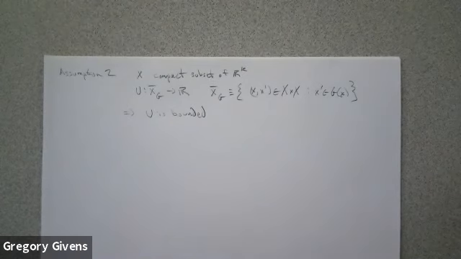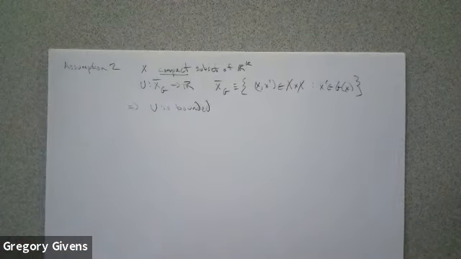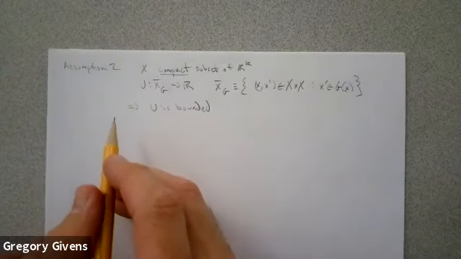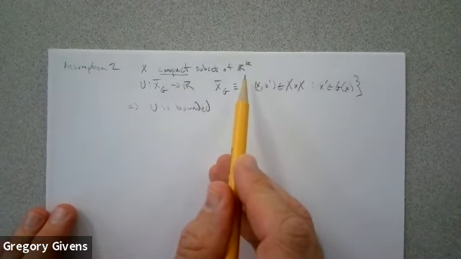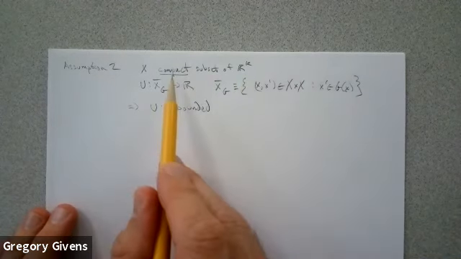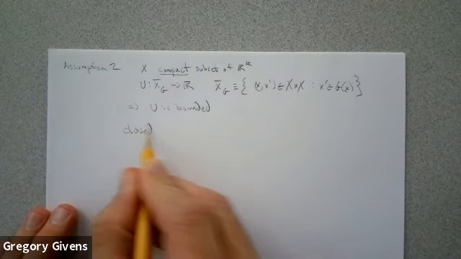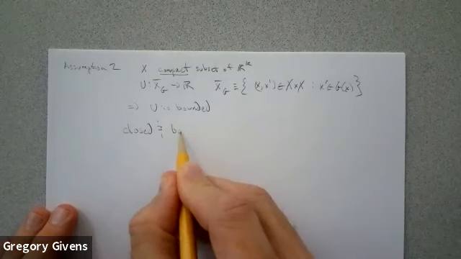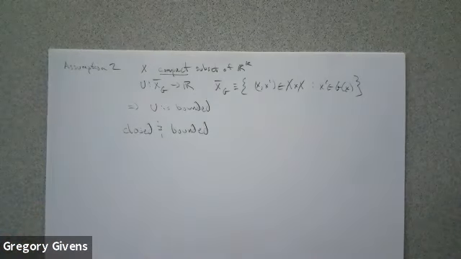Now let me take a step back for a second and talk about what I mean by a compact set. You guys know what that is? Any question? Yes, so when we're talking about Euclidean space, which is what we're talking about here, then X being compact means that it's both closed and bounded. That's all that really means, okay?